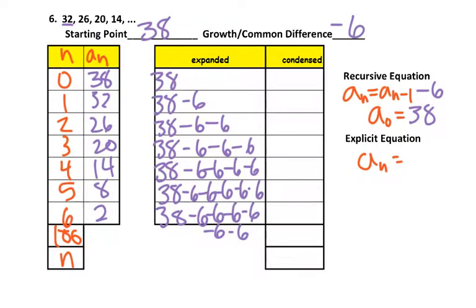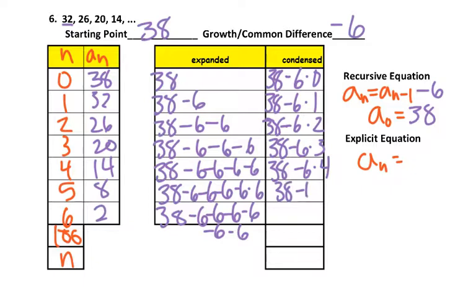So that's what it looks like expanded, then condensed. 38 minus 6 times 0, 38 minus 6 one time, 38 minus 6 two times. So it doesn't matter if it's addition or subtraction, we still treat it the same exact way, don't we?